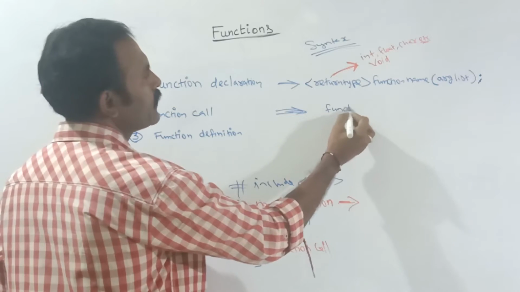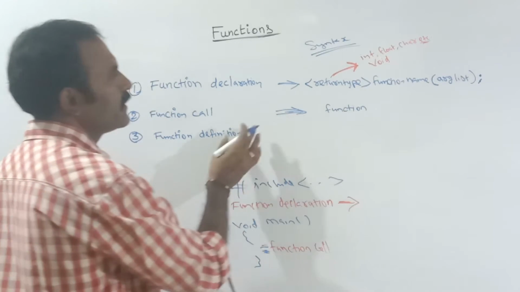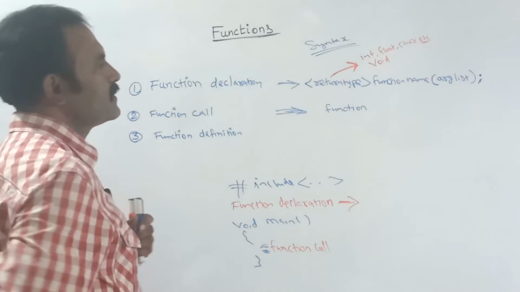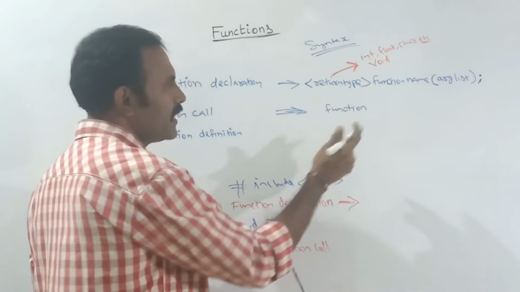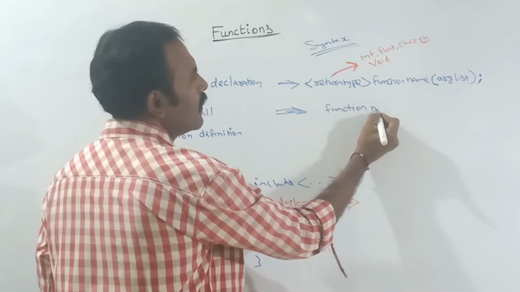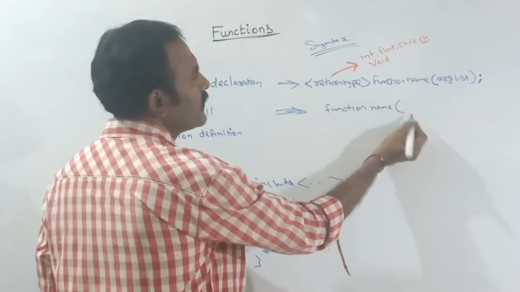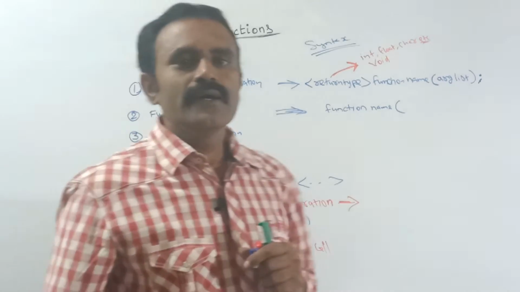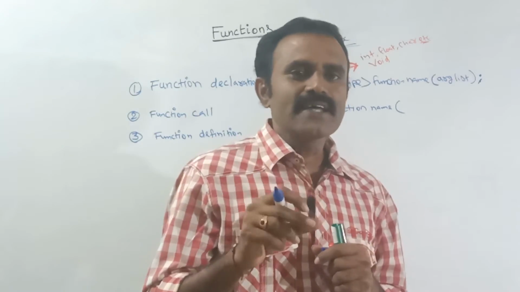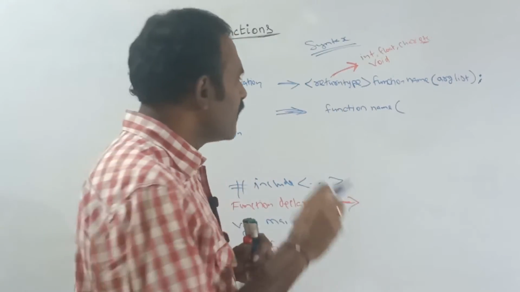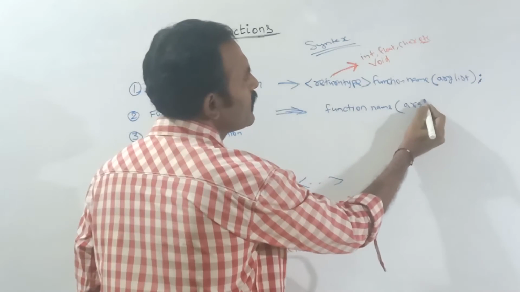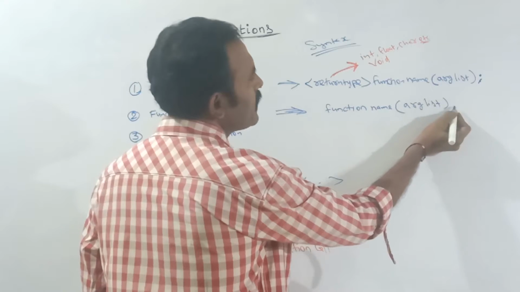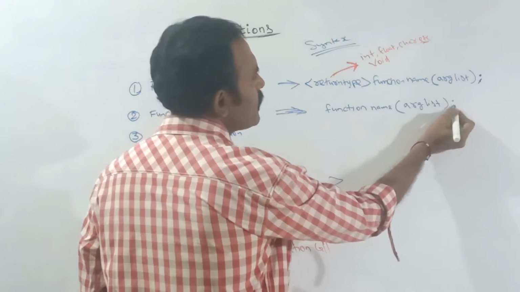Here we need not give the data types or return types. We simply call the function name, and if that function has any arguments, then we give the argument list here, followed by a semicolon.